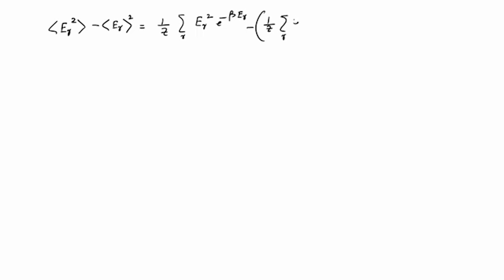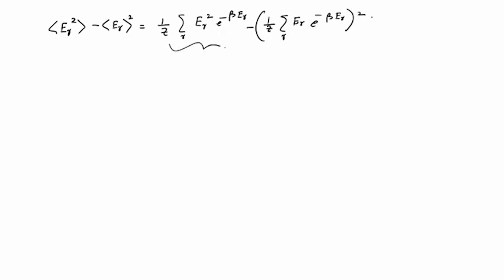So the average of E_r squared minus the square of the average of E_r is equal to 1 by Z, sum over r of E_r squared e to the power minus beta E_r. This is just writing the expression from first principles, minus 1 over Z, sum over r of E_r e to the power minus beta E_r, whole squared.